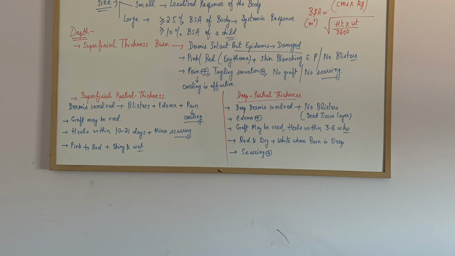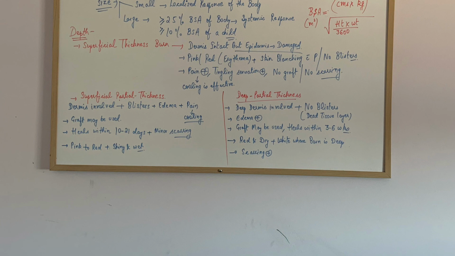And in this case, because almost the whole dermis is involved, blister formation doesn't occur because of the dead tissue layer. Because almost the tissue is dead there from burning, blister formation is not happening here. And the wound surface looks red and dry.